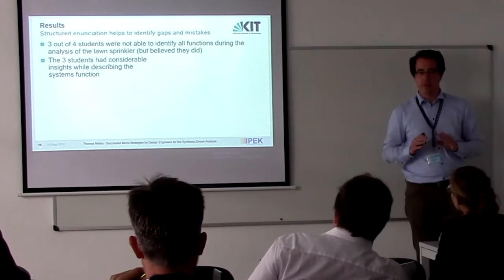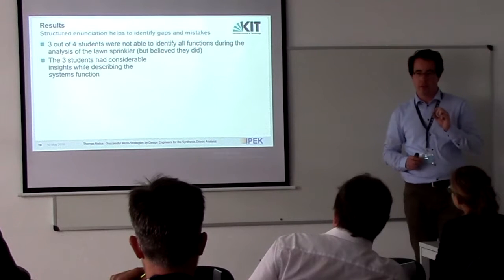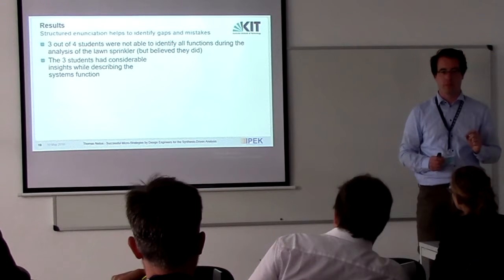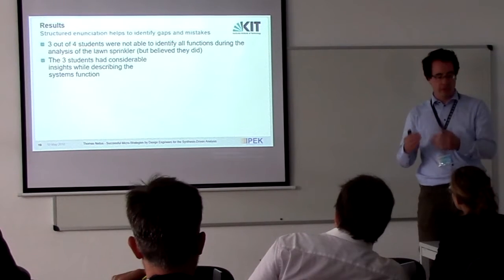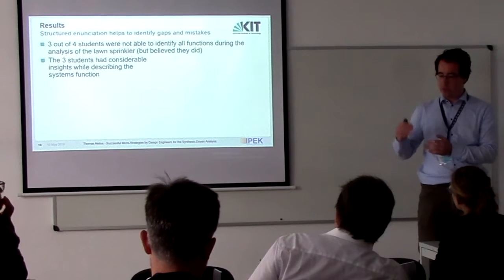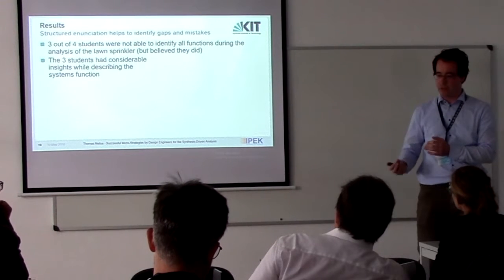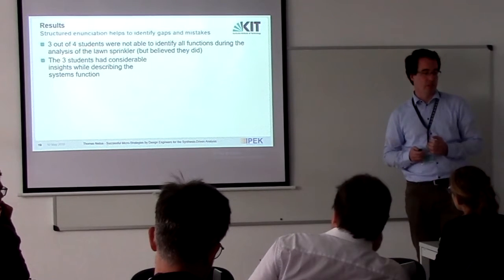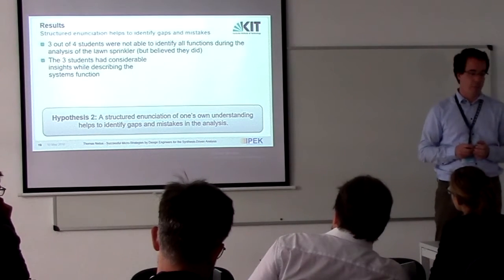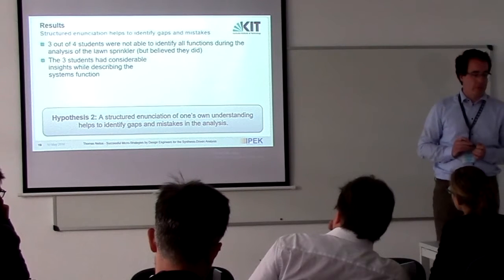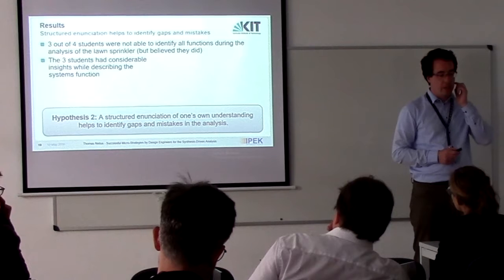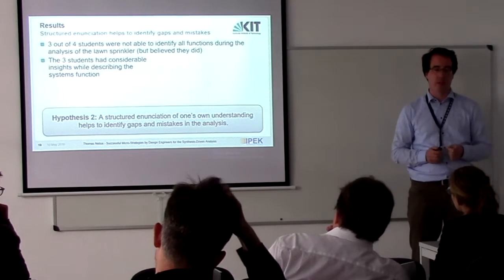But they believed they did, and they realized this mistake when they were explaining the function to the experimenter. They explained step by step the function and identified their own gaps and mistakes in their understanding of the system. So, therefore, we came up with hypothesis 2. A structured enunciation of one's own understanding helps to identify gaps and mistakes in the analysis.